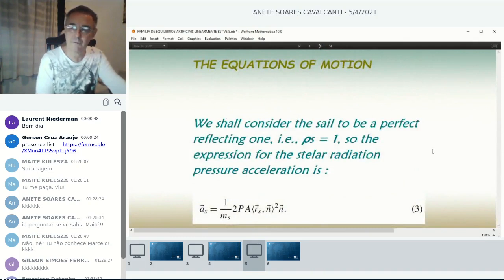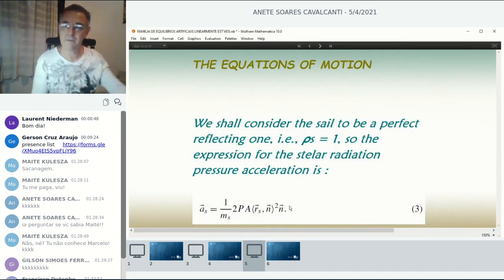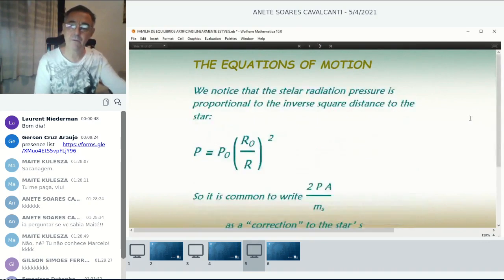So here's what I mentioned before. We shall consider a perfectly reflecting sail, and so the acceleration due to the solar radiation is given by this equation 3, where we have this normal vector n here. So we have to figure out how to write this normal vector n. Well, just a comment here.